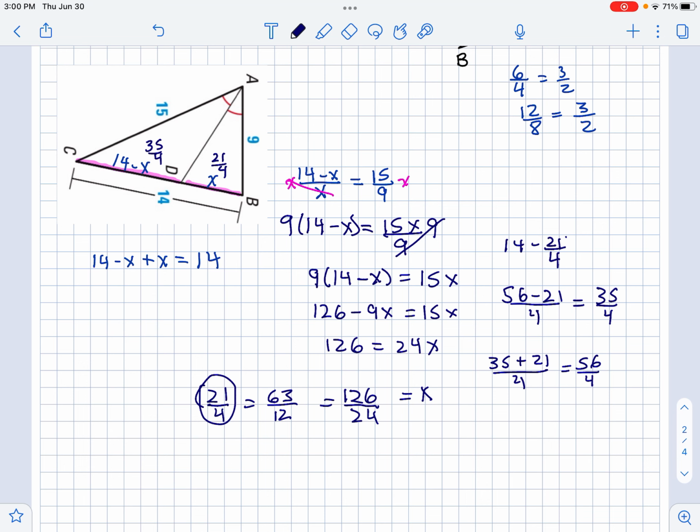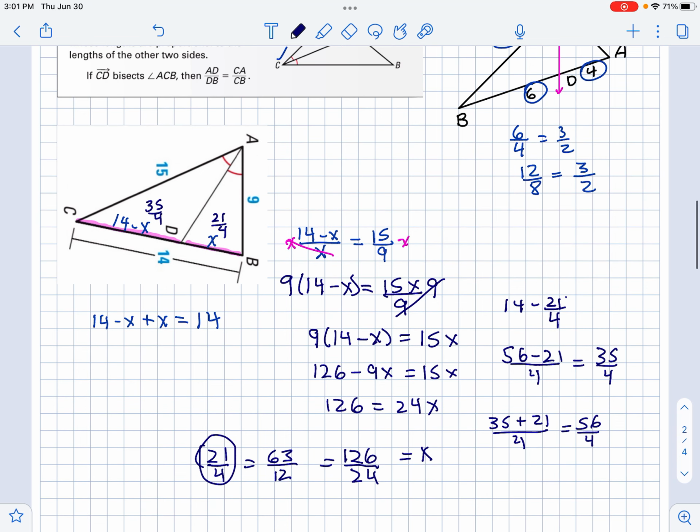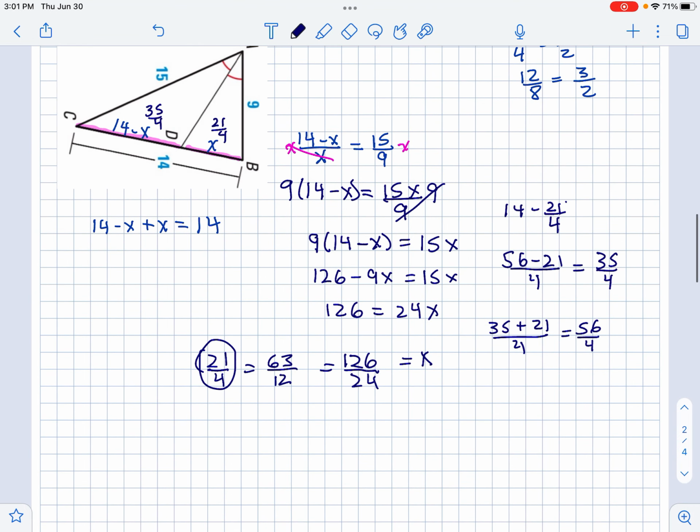So now we could go back and check and see if the ratios work out. Let's do 35 over 4 divided by 21 over 4. Invert and multiply, and you've got 35 over 4 times 4 over 21.